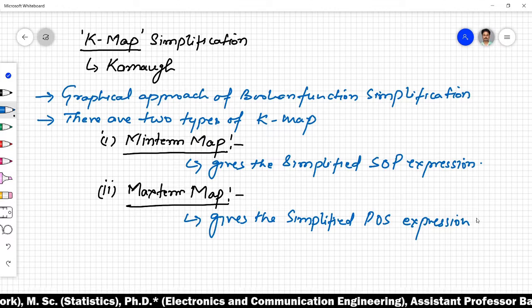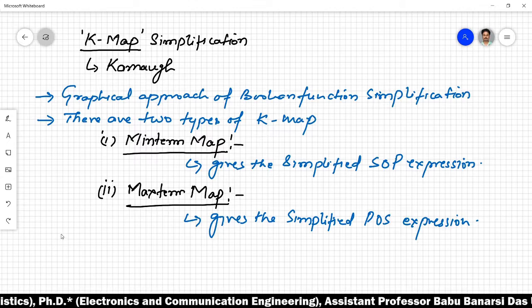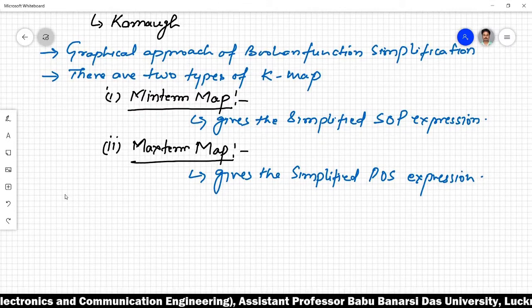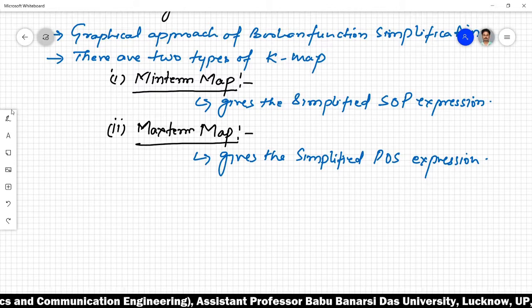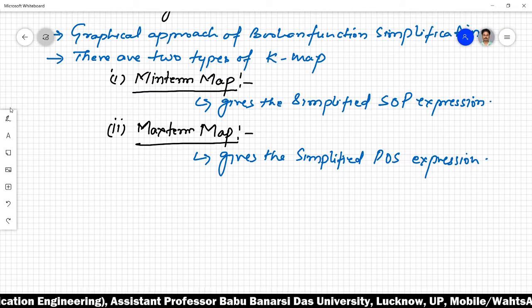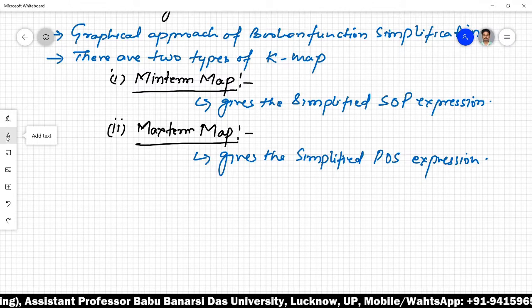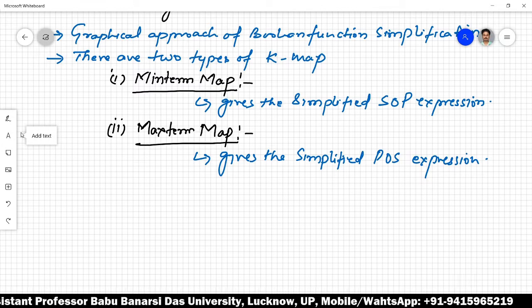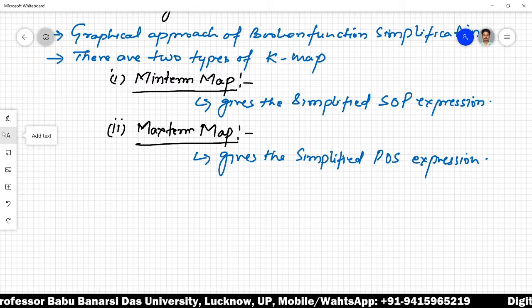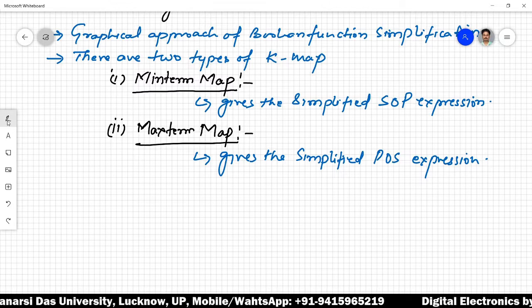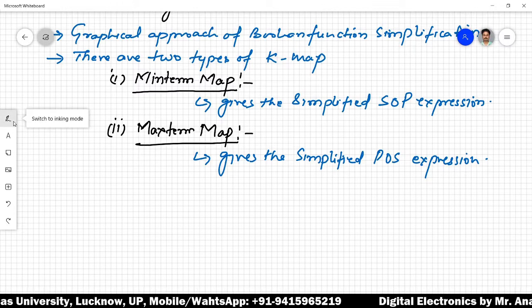As you know, the Karnaugh map is used for simplification of Boolean expressions, and simplification means reducing the number of terms present in the Boolean expression. But there is a very interesting fact you should know: after simplification there is no guarantee of having a unique solution. There may be some alternatives.